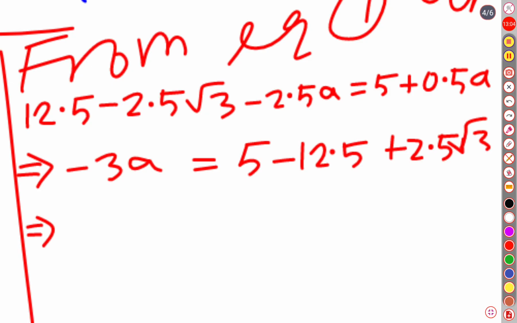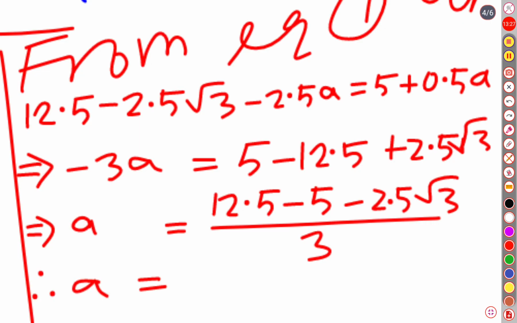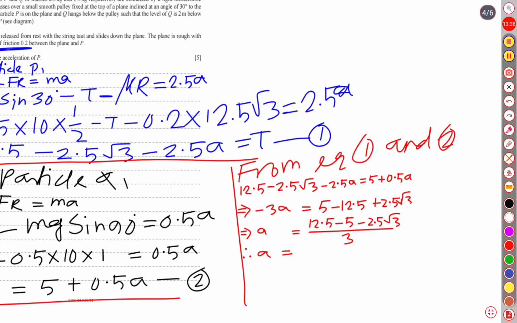Well, so it is going to be, a is equal to, if we change the symbol of all of them, 12.5 minus 5 minus 2.5 square root over 3, over 3. Hence our acceleration is going to be, let me use my calculator, 1.0566.